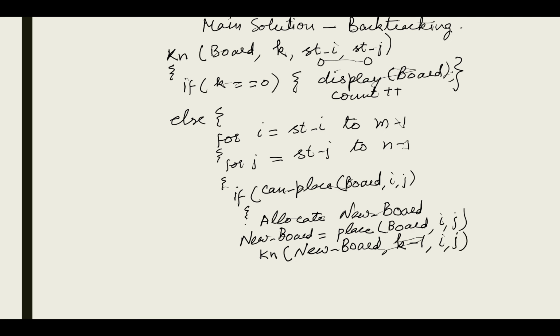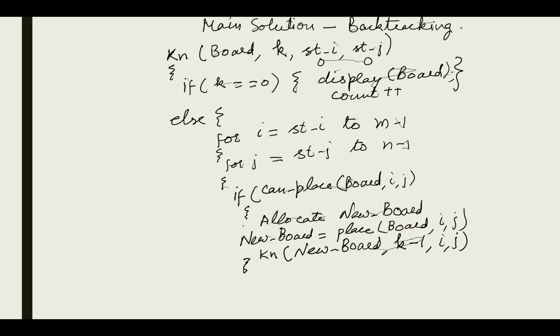So there are three lines in this code: allocate the new board, place, and then call the same function again. Here the recursion happens, and when we call we are sending the new board. We are reducing the value of k so that eventually this exit criterion is met. So there are only three lines in this if condition.